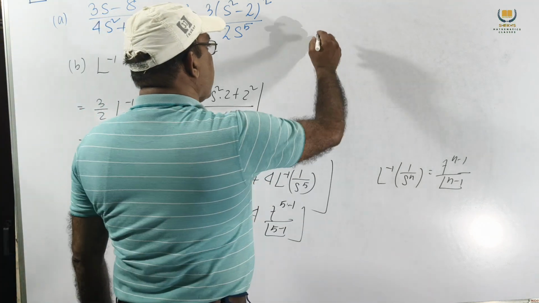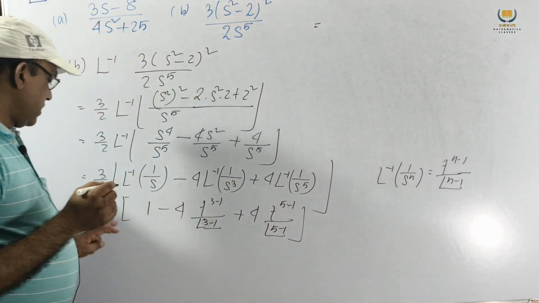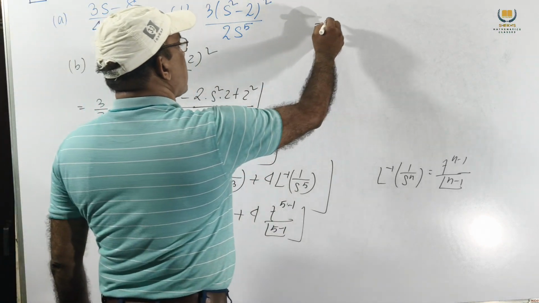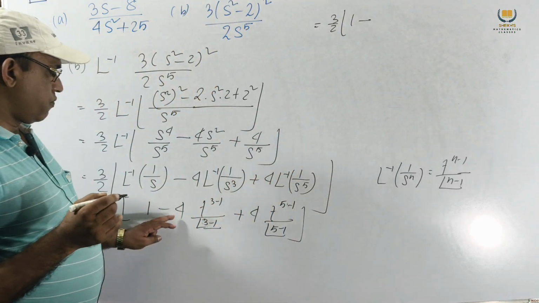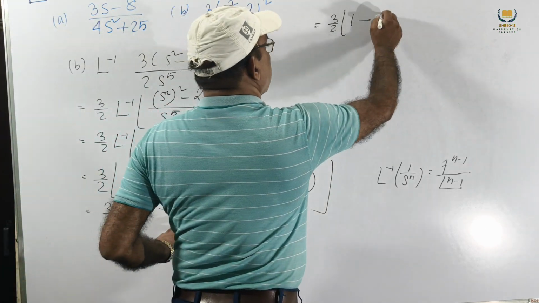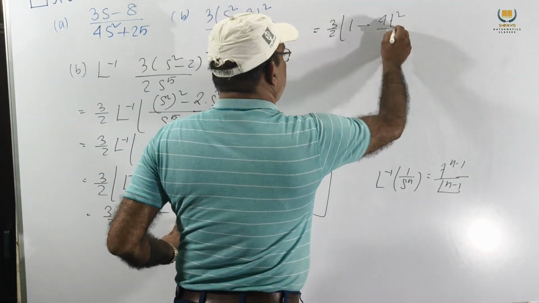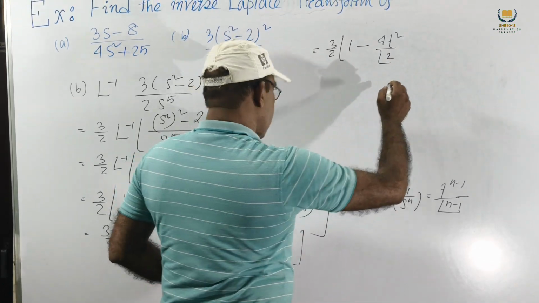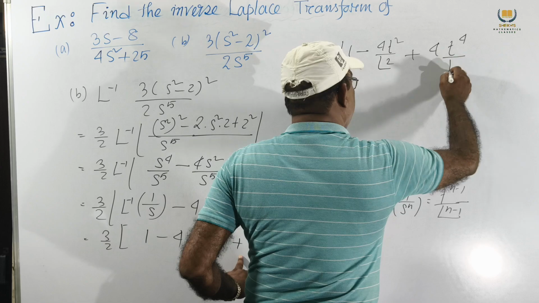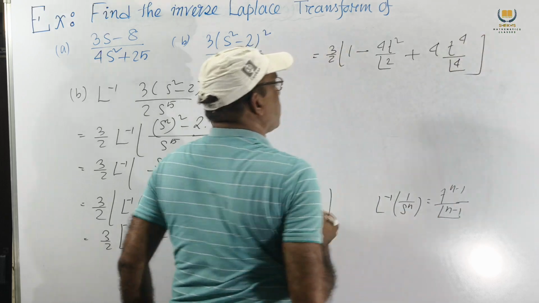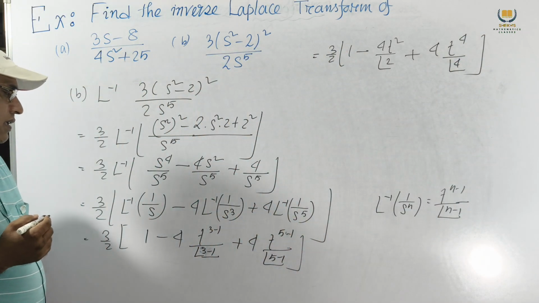Now finally we get 3 by 2 remains the same, times 1 minus 4t square by factorial 2 plus 4 t to the power 4 by factorial 4. We get this.